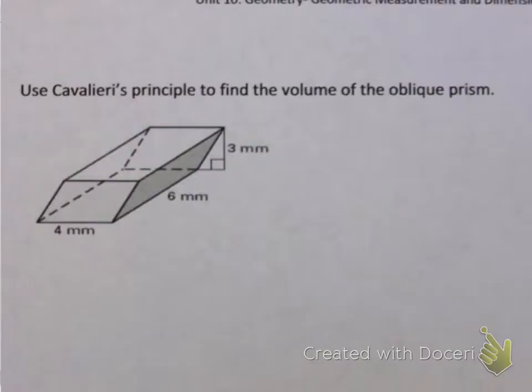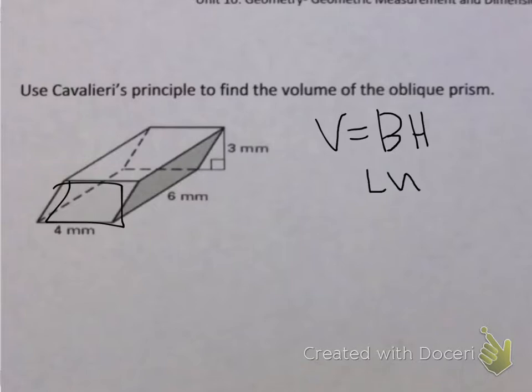So using Cavalieri's principle, we're just going to find the volume of these. This is a prism. The volume of a prism is found by the area of the base times the height. The area of the base on this figure is a rectangle, so that would be length times width. And then we'd have the height of the object, which is the length in between the two bases.